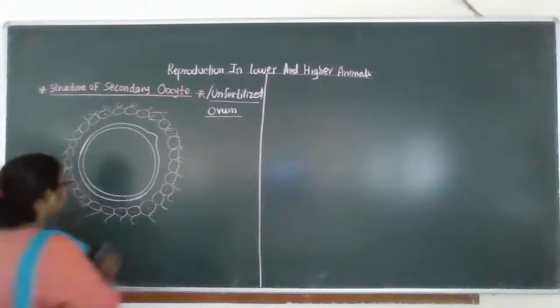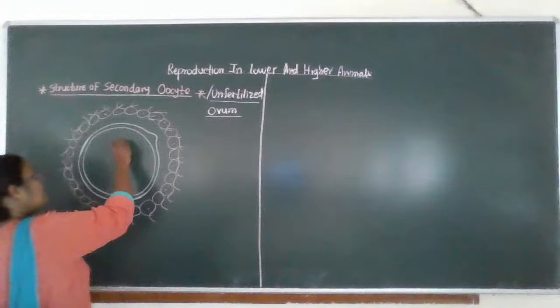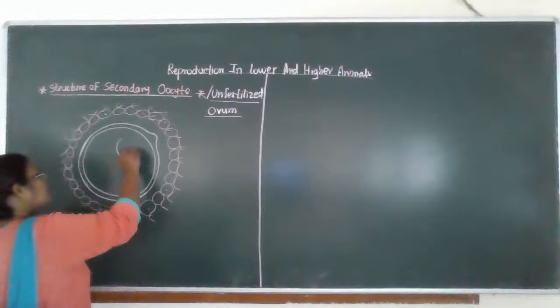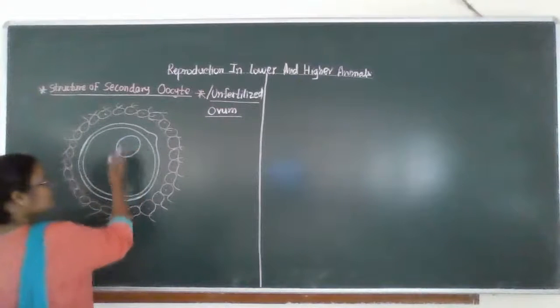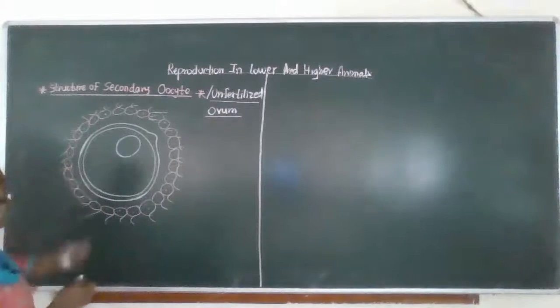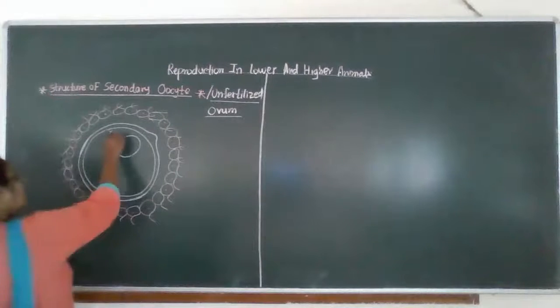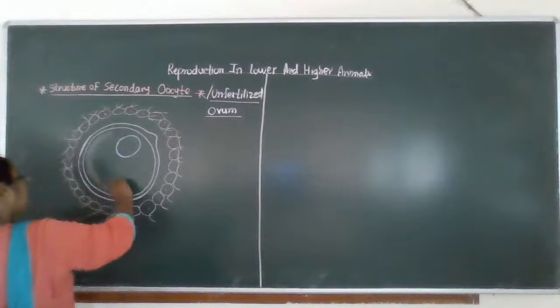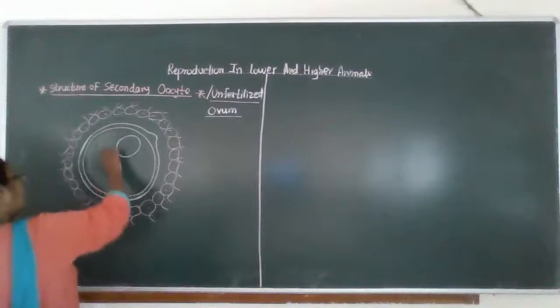Prior to that, it has a centrally placed nucleus. Why is the nucleus centrally placed? Because it has abundant cytoplasm and a very small amount of yolk.